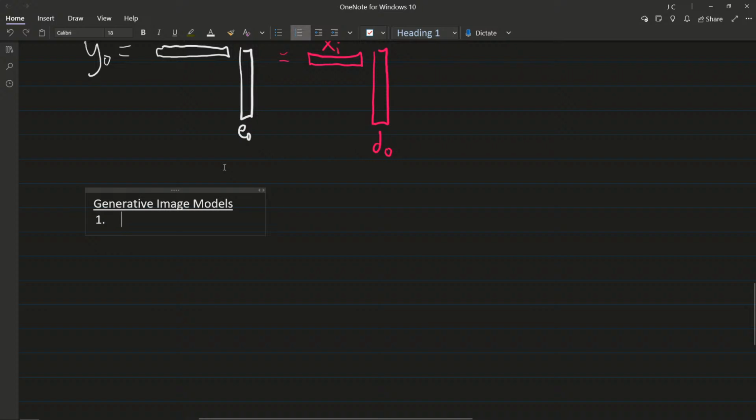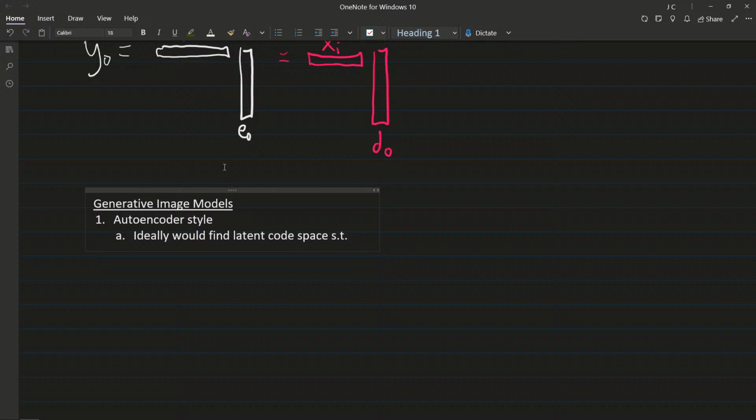Okay, so one is autoencoder style, which ideally would find a latent code space such that a uniform random sample from the space maps to a realistic data element.